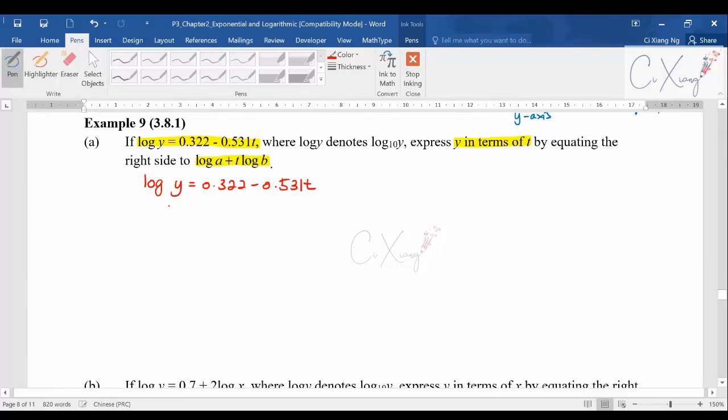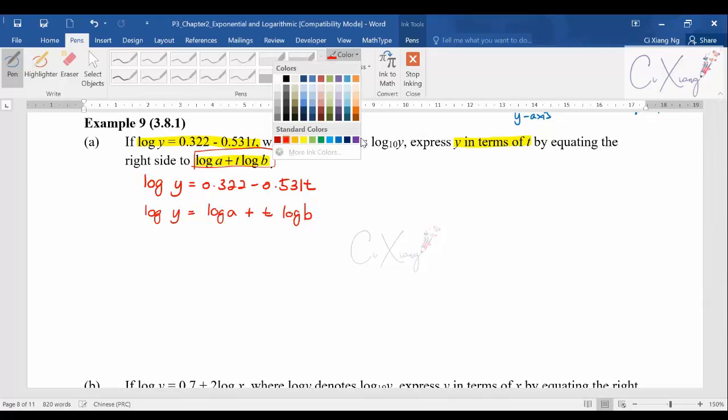And then they actually want you to equate the right hand side to log a plus t log b. So this is how your log y is also equal to log a plus t log b. Okay, so why they want you to compare it like this is because they actually want you to compare it with the linear form equation.